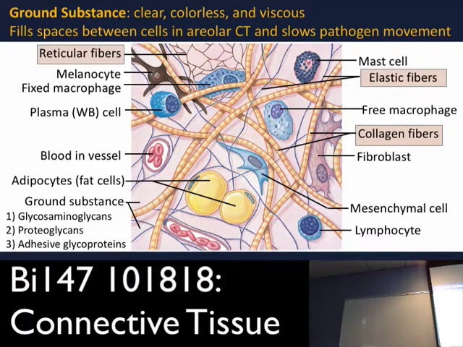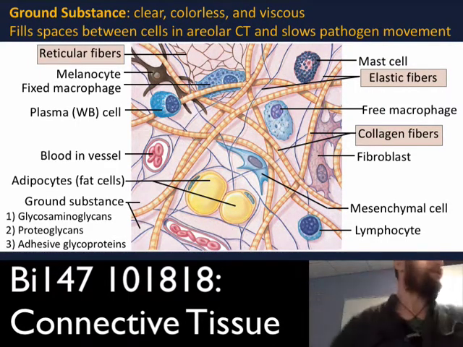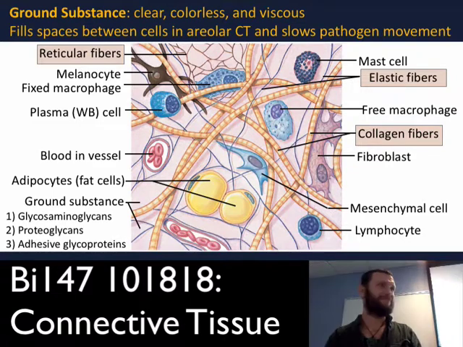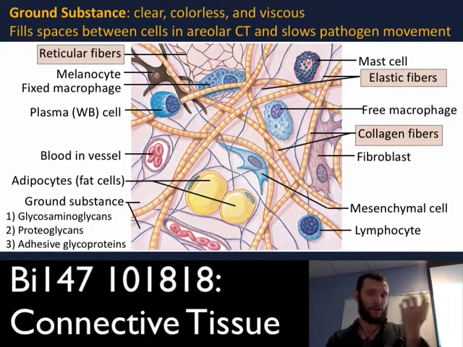Like a little bacterial macrophage swimming through the Jell-O a lot faster than you to come and get you. Okay, I'll leave you with that image. All right, ground substance. Any other questions in here?